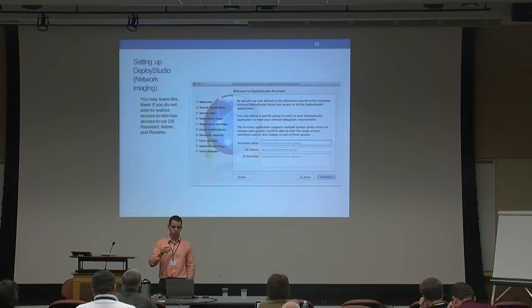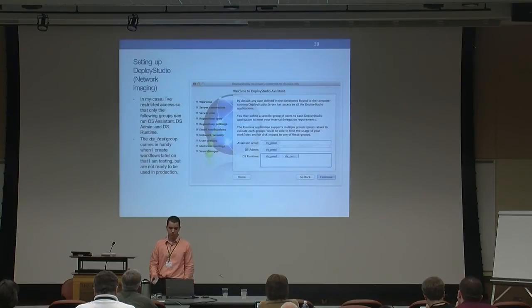So there's going to be a part where it asks you, do you want to restrict access to some of these tools? And you can leave it blank and continue. But what I like to do is create restrictions. At this moment, only the technicians have access to image in my department.